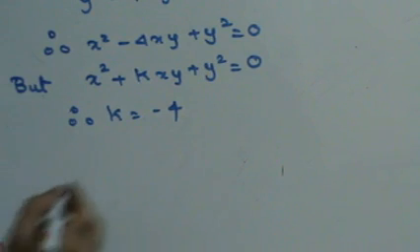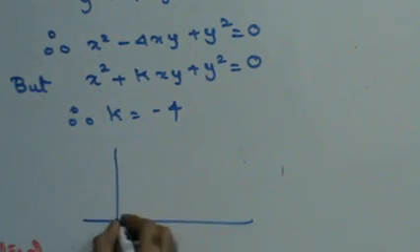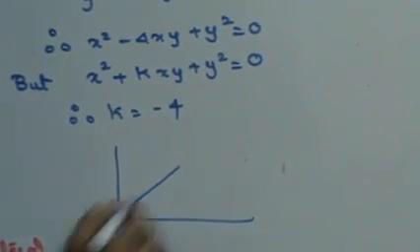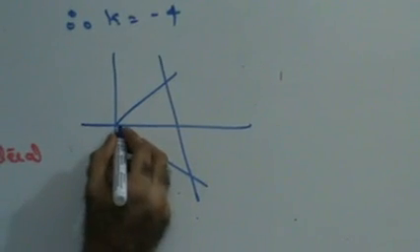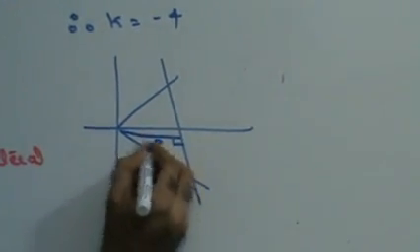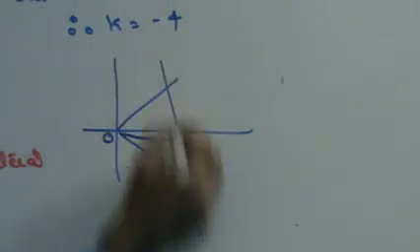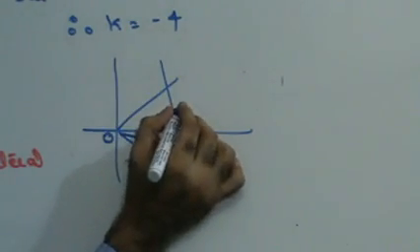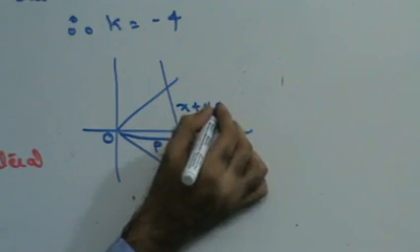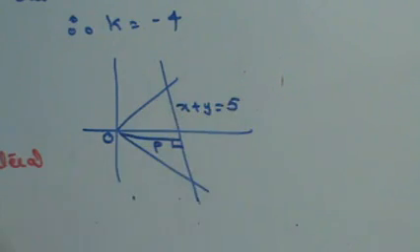Now, this is the origin, this is the pair of lines, and this is that line. Let us assume that P is the length of the perpendicular. This is the origin. The equation of the line is given to you as x plus y is equal to 5.